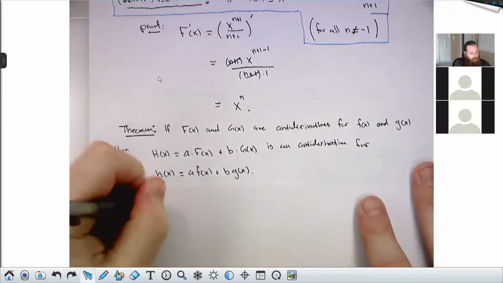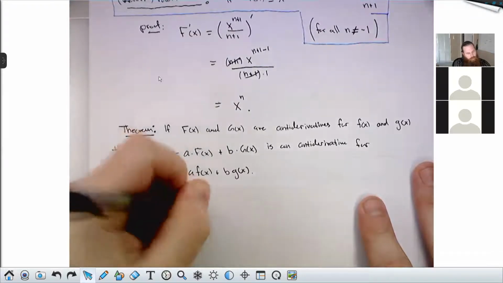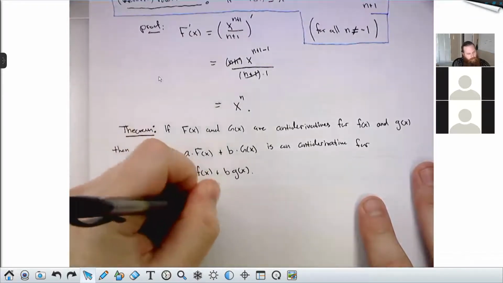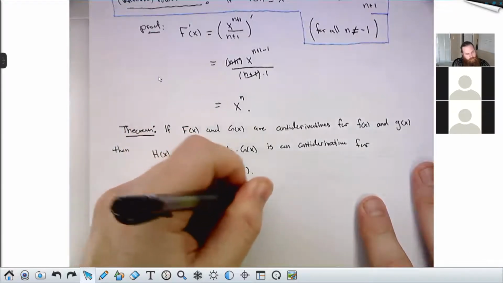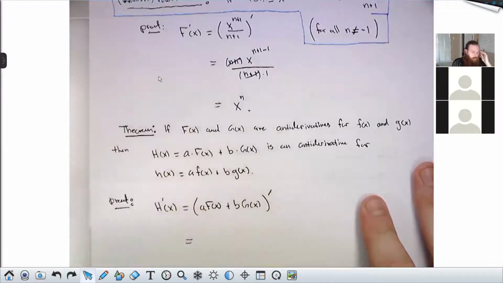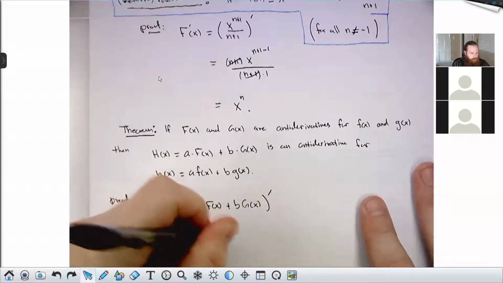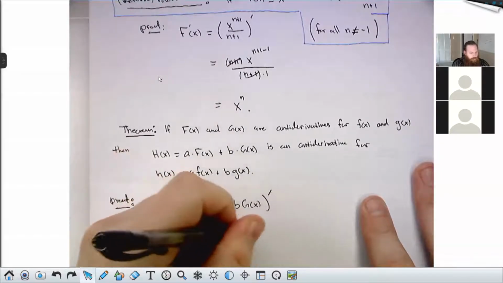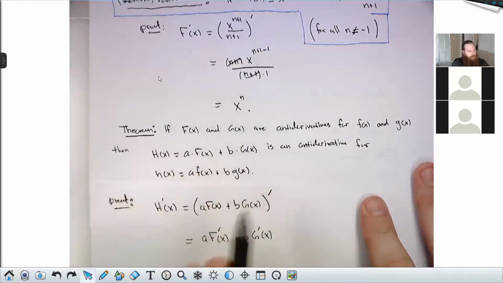So let's differentiate capital H. That's the derivative of a times capital F of x plus b times capital G of x. Because of the way the derivative works, this is a times f prime of x plus b times g prime of x. You can differentiate each piece on its own and constant multiples come along for the ride.